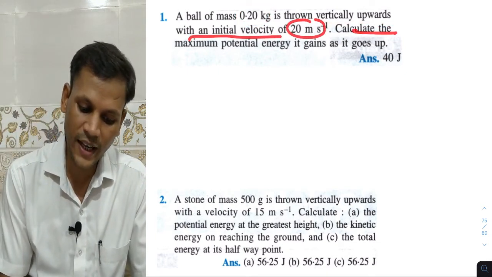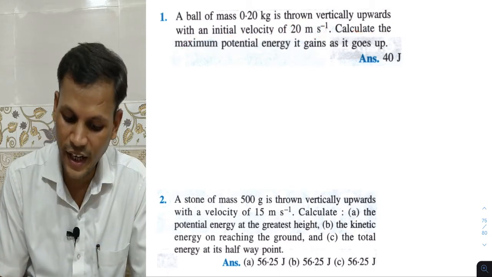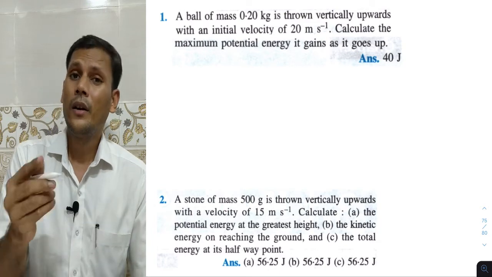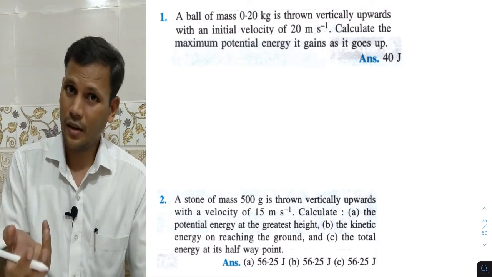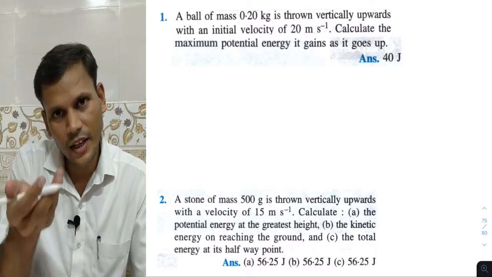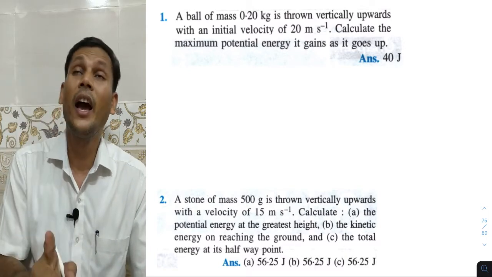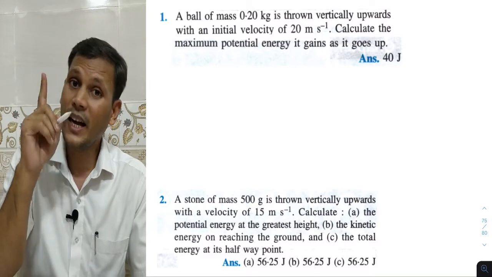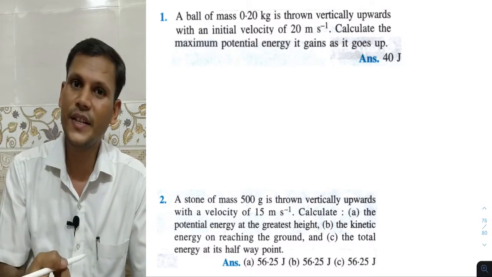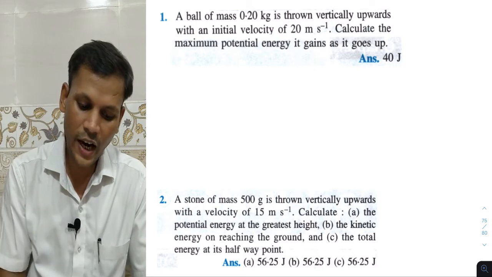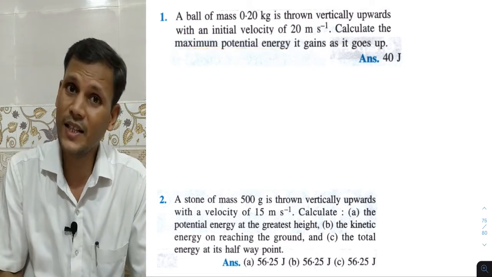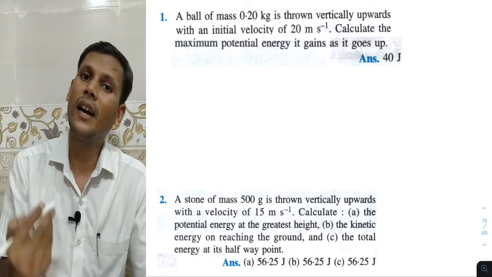Calculate the maximum potential energy it gains as it goes to the top. With whatever velocity we throw, it will have initial kinetic energy, and when it reaches the maximum height, that kinetic energy will turn to potential energy. So the maximum potential energy will be the same as the initial kinetic energy.